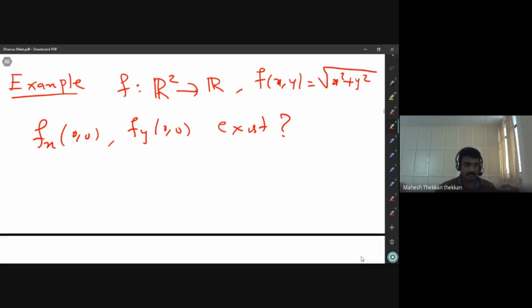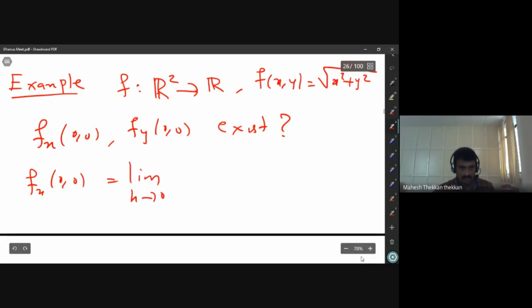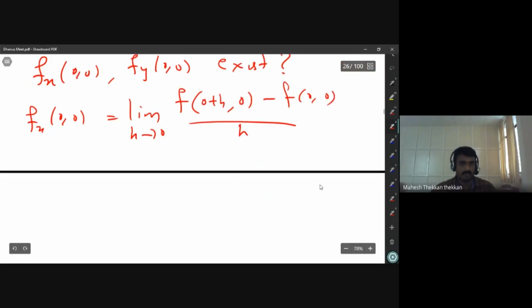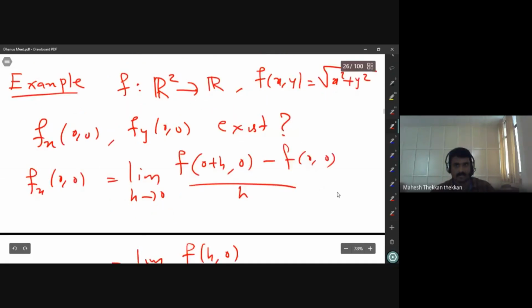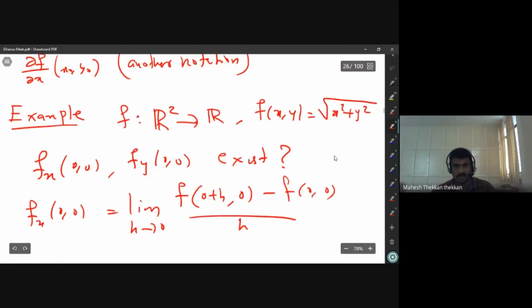So look at fx at 0, 0. By definition, that is the limit as h tends to 0 of f of 0 plus h comma 0 minus f of 0, 0, divided by h. The numerator is f of h comma 0. f of 0, 0 is 0, because f of x, y is the square root of x squared plus y squared.